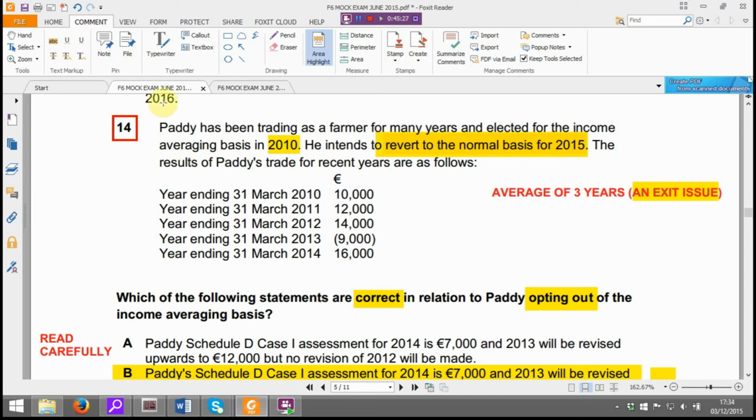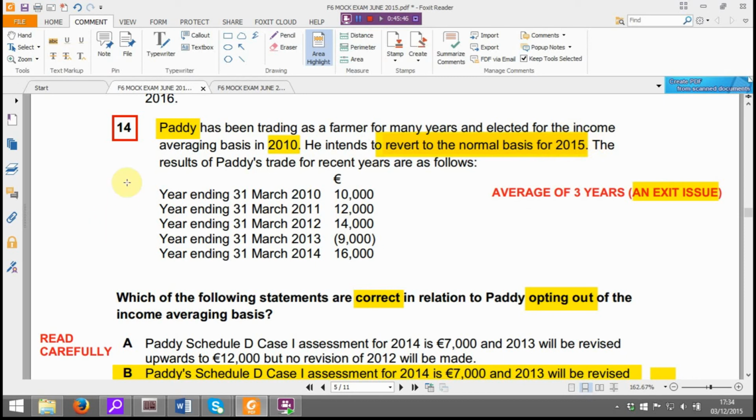So what have we got? We've got a guy called Paddy, who has been trading as a farmer for many years and has been using the income averaging basis since 2010. Remember that you've got to stay in it for 3 years. Now, he intends to revert to the normal basis for 2015.